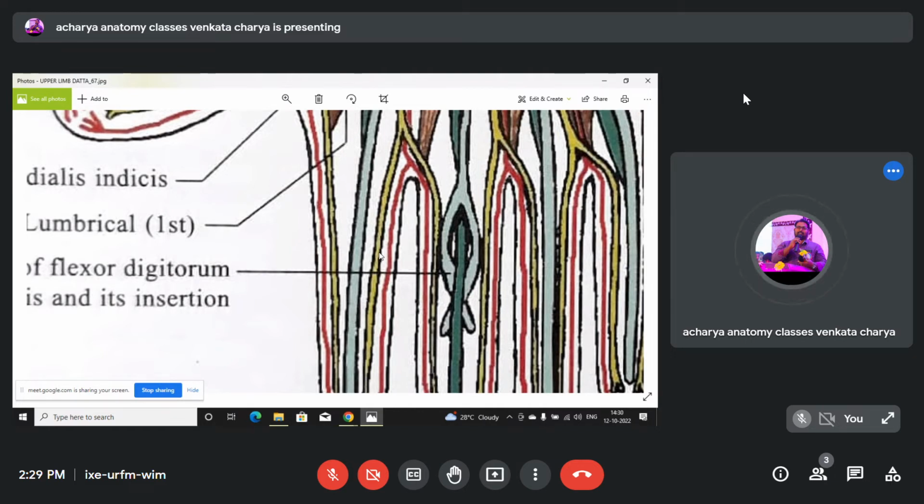Next, ninth proper distal artery supplies the lateral side of the little finger.